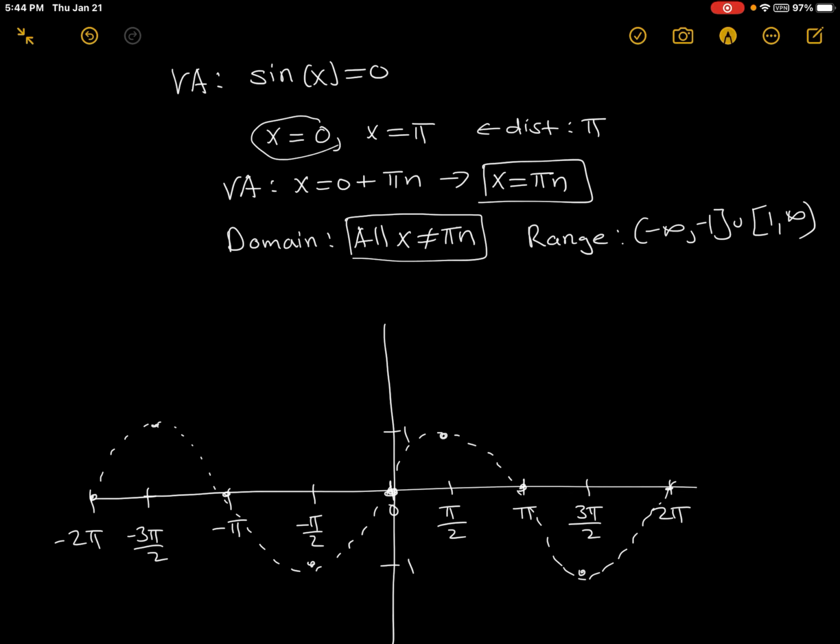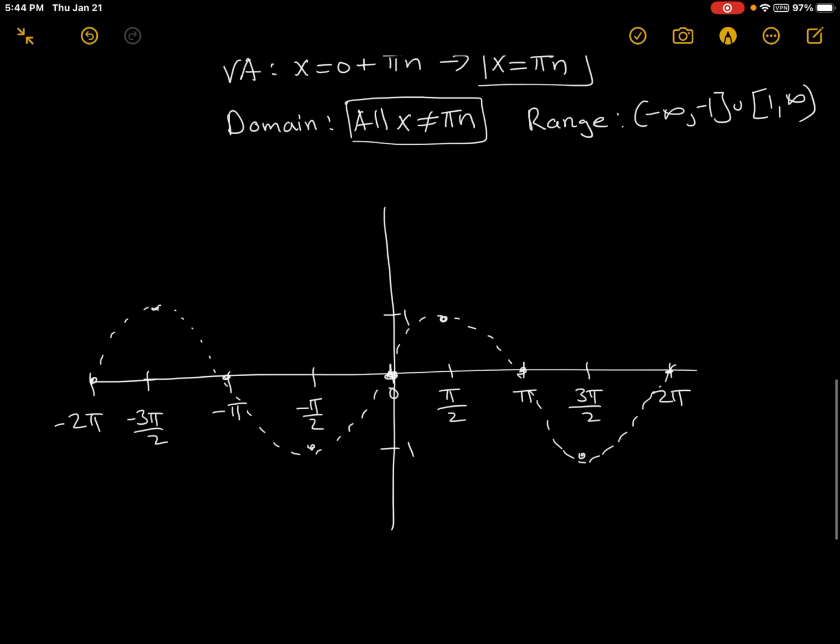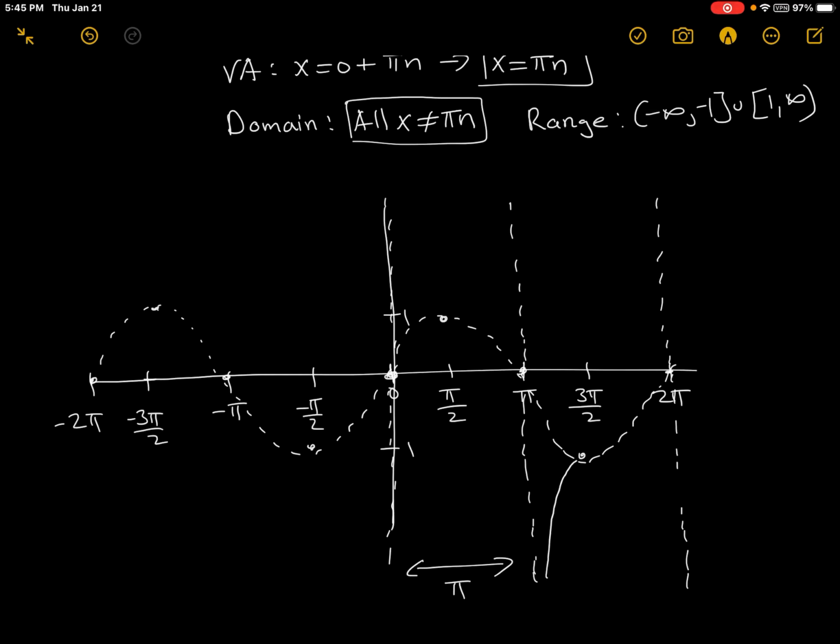So our first two VAs were x is equal to 0 and x is equal to pi. So you would have a VA at the y-axis basically over here. And these VAs always repeat at a distance of pi, so the next VA, of course, would be at 2 pi. And of course, we've stated all the VAs. If you just look at the graph right now, draw these mini parabolas at the minimums and the maximums.